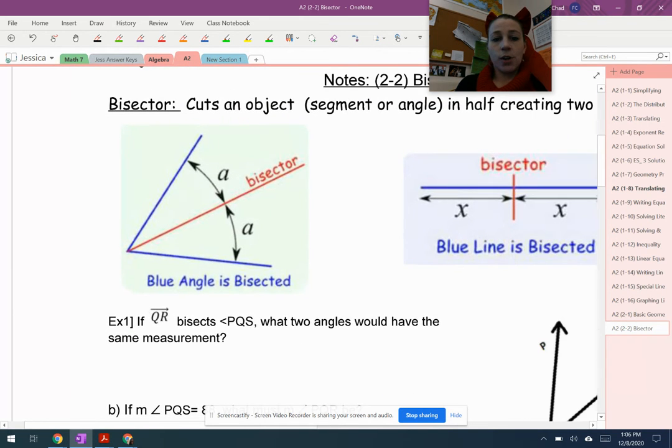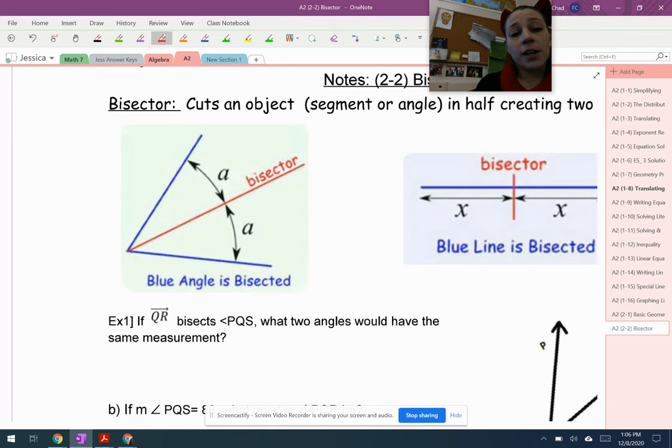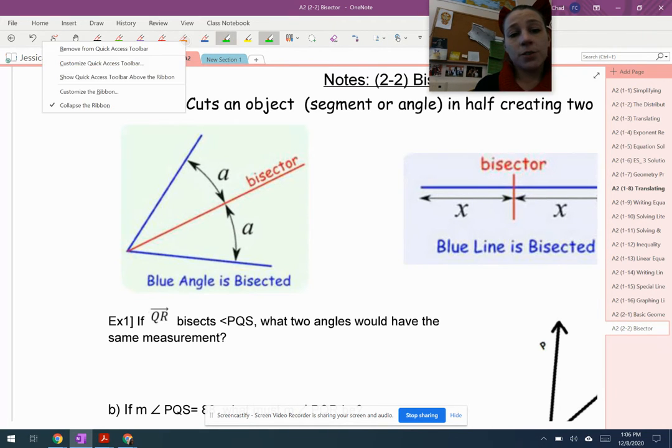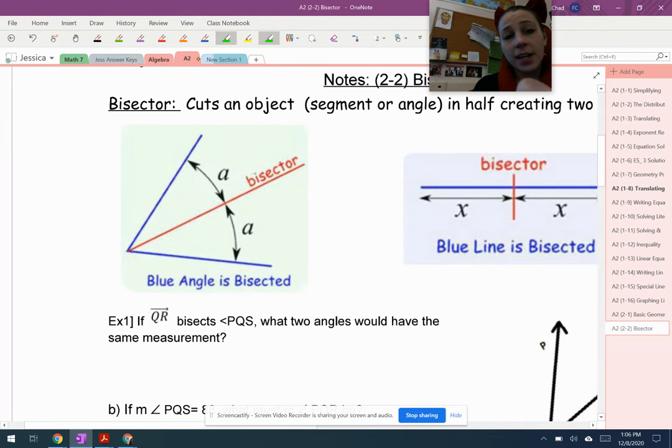So this first image shows an angle, the blue angle, and it shows the red bisector coming through that. Because the definition of bisect is to cut in half, that means that this part A over here, let's use orange, this part A is the same as this A over here.